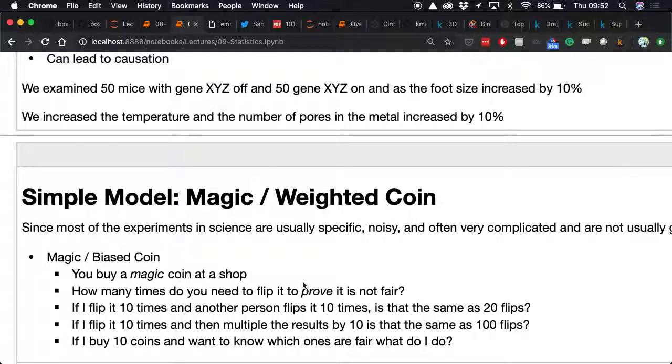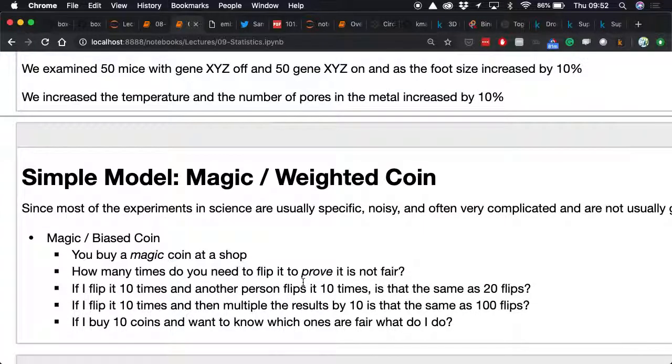Infinite. Yeah, well, that's the right answer. So if you flipped it 10 times in a row, and it was heads every time, then that would seem unlikely, but it's not impossible. You could flip a normal coin 10 times in a row, and it could get 10 heads.